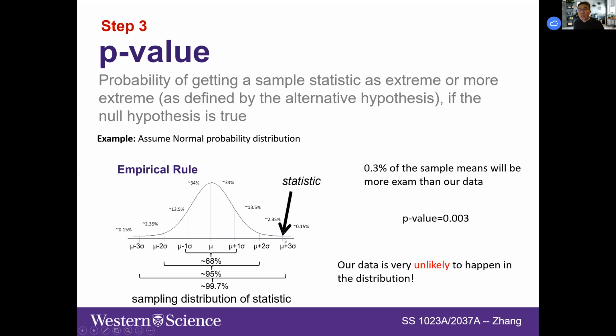As you can see, only 0.3% of data is more extreme than our current data set, which means our data set is already very extreme in terms of percentage. That indicates our data is very unlikely to happen based on the null hypothesis.